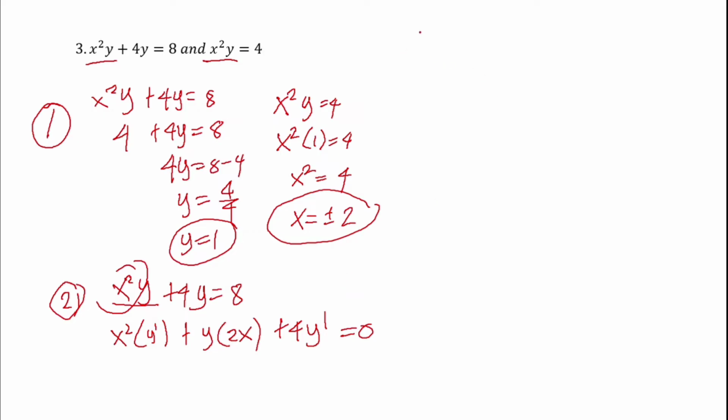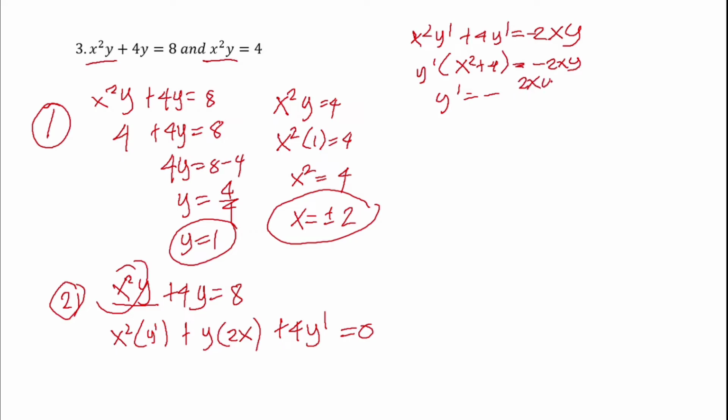Let's continue here. x squared y prime plus 4 y prime is equal to negative 2xy. So y prime times (x squared plus 4) is equal to negative 2xy. So y prime is equal to negative 2xy over x squared plus 4.